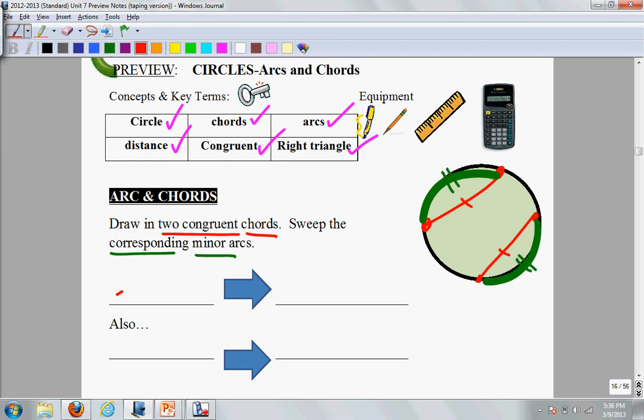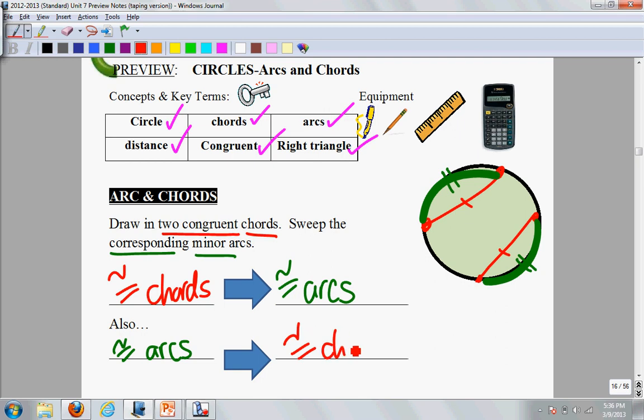And what you're going to notice is if you have congruent chords, you have congruent minor arcs, the corresponding minor arcs. If you have congruent chords, you have congruent arcs. The converse is also true. If you have congruent arcs, you have congruent chords.